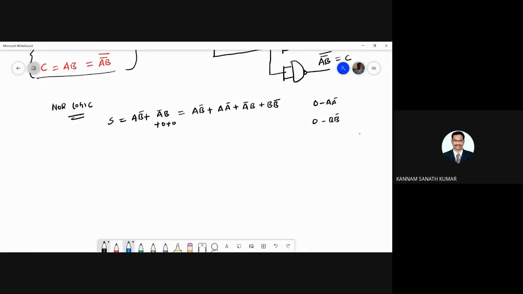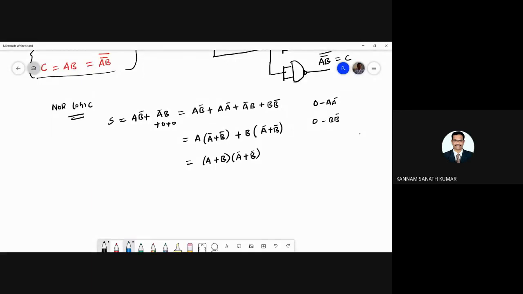Again I can take A common, so what you can write is A bar plus B bar. Again here I can take B common, A bar plus B bar. And if you apply the distributive law, you can take A bar plus B bar common. So you can write A plus B into A bar plus B bar.